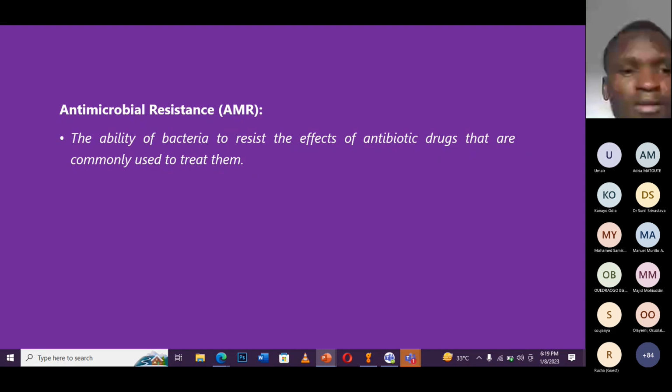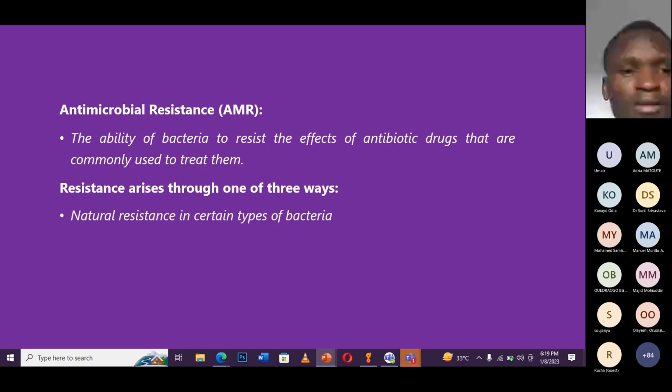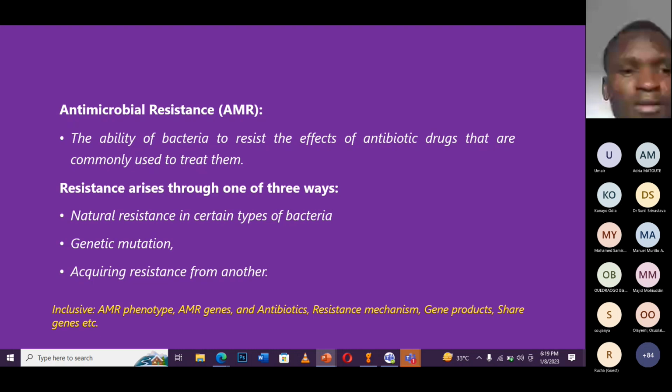Resistance arises through natural resistance, genetic, and acquired resistance from another. In metagenomic analysis, you'll be able to explore the AMR phenotype, AMR genes, the resistance mechanisms, the gene products, and the shared genes as well.